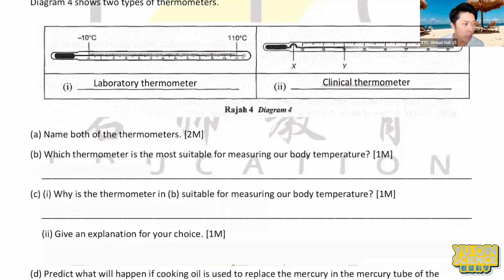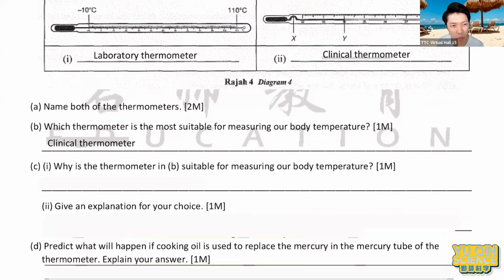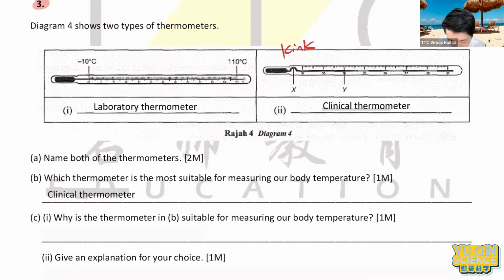Okay, B: which thermometer is most suitable for measuring body temperature? Very easy. We know it's going to be the clinical thermometer. Why is it suitable? Because of the kink. What is a kink? K-I-N-K, not king but kink.